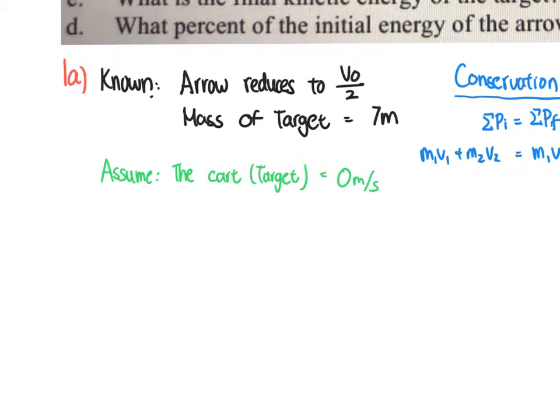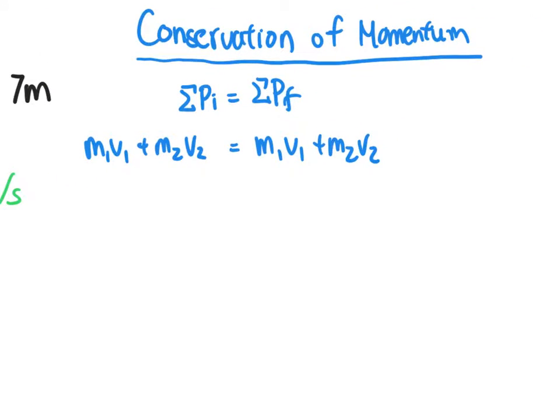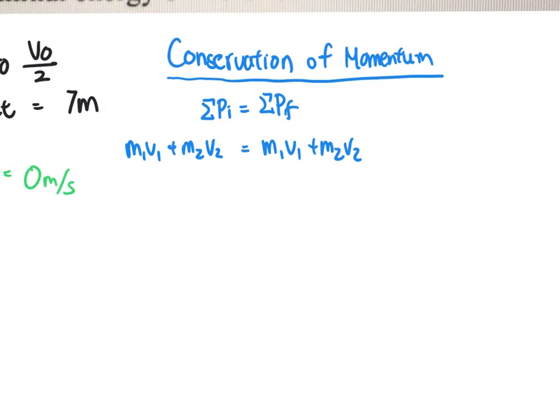And we're going to list m1 as equal to the arrow, and m2 equal to your cart in this case. So after our assumption, since we know that the velocity of the cart is 0 initially, this term is 0. Okay, and then we can continue going from there.